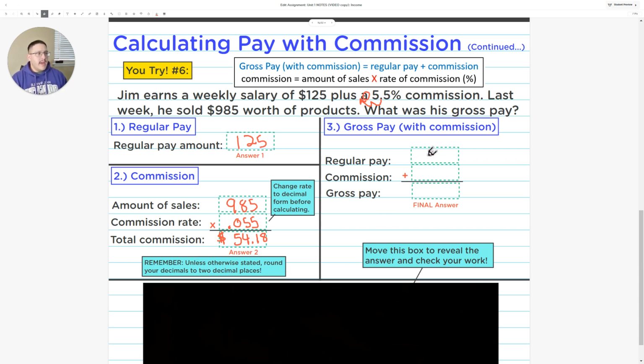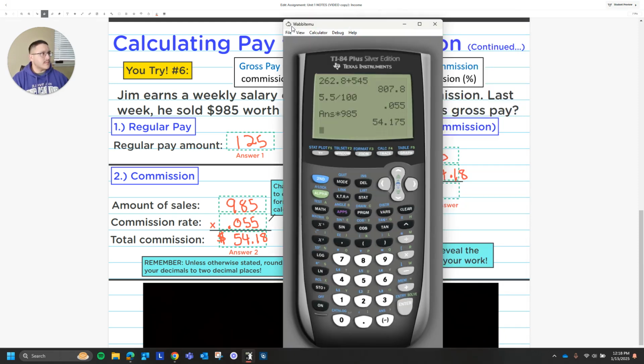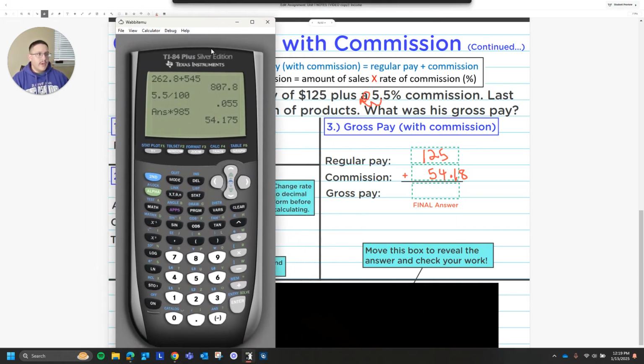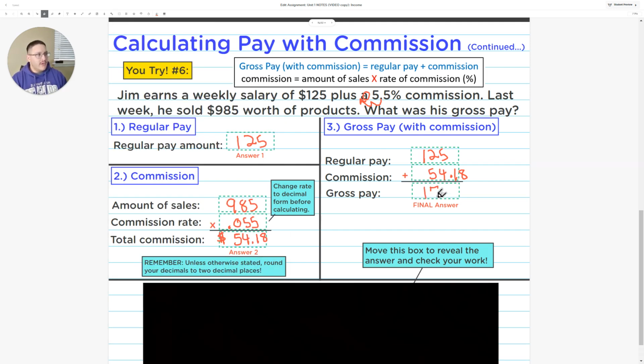So regular pay is $125 plus 54.18. Add those two together, 54.18 plus 125, and his total gross pay with commission is $179.18.